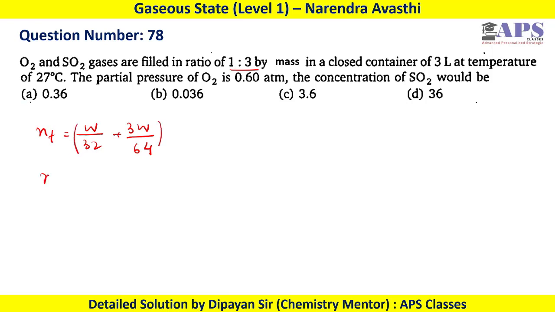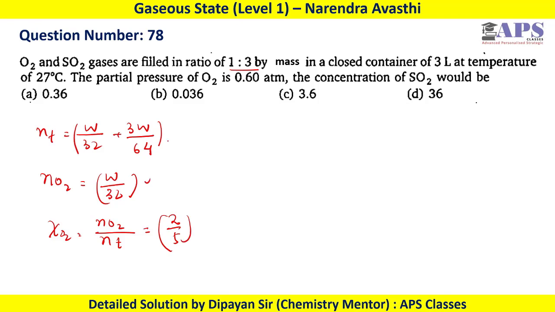Okay, now the number of mole for the oxygen is W by 32, and so mole fraction of O2 can be calculated as n of O2 divided by total number of mole. Okay, so now the mole fraction is going to be 2 by 5.